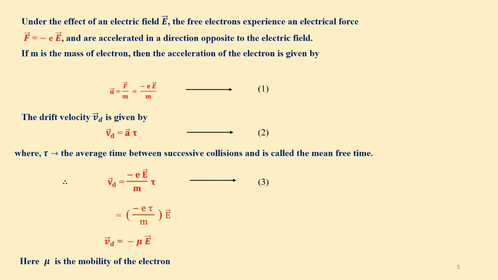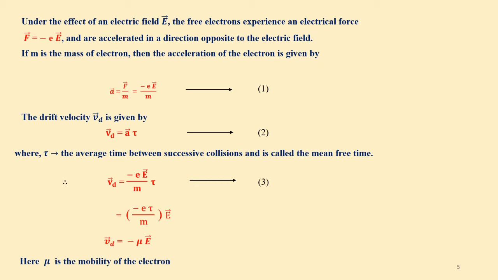Under the effect of an electric field E, the free electrons experience an electrical force F equal to -eE. The negative sign is because the electrons have a negative charge. So F = -eE, and the electrons are accelerated in a direction opposite to the electric field.